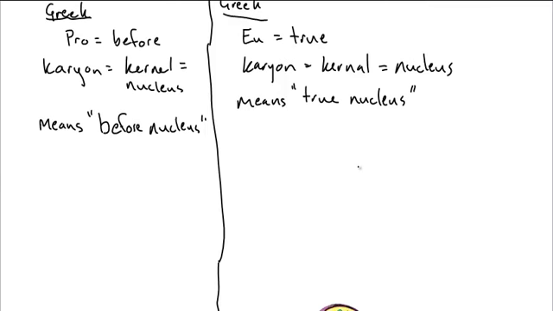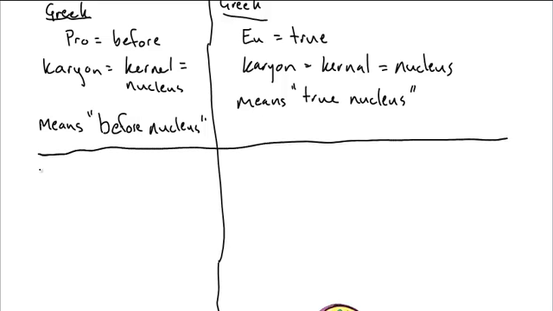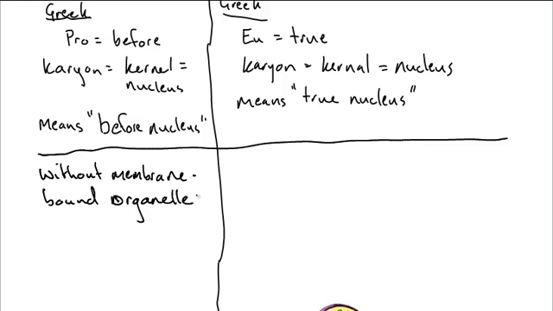So they took the definition a little bit further, and now prokaryotic means without membrane bound organelles, whereas eukaryotic means with membrane bound organelles.